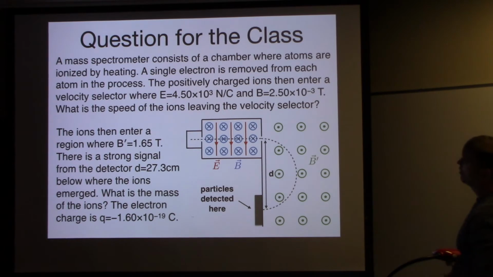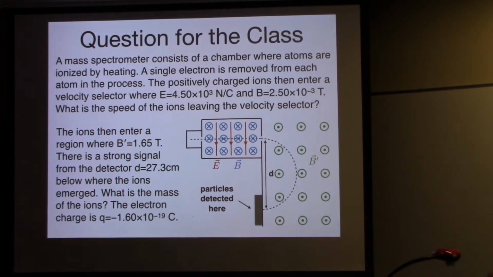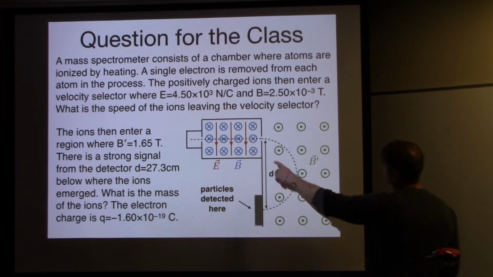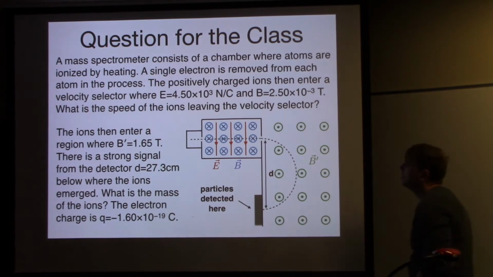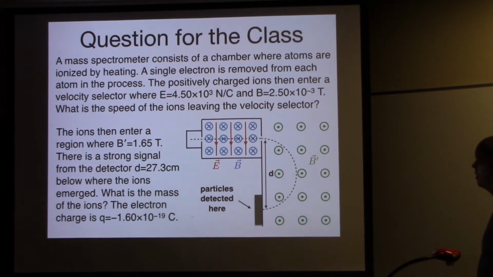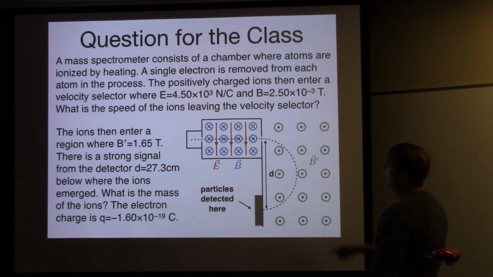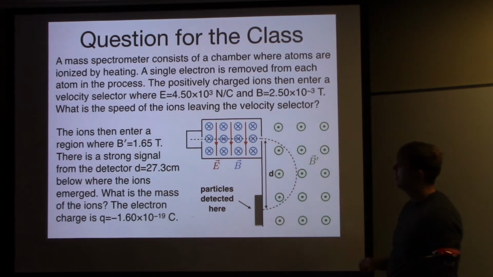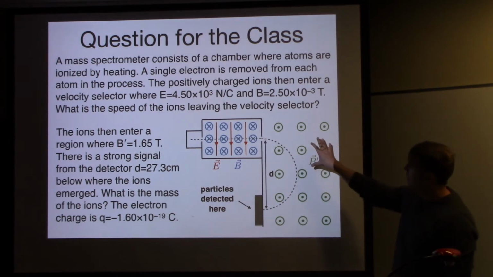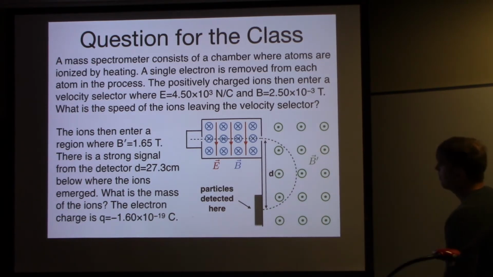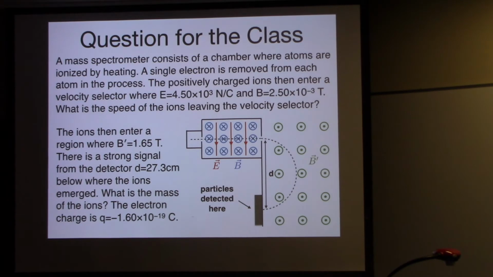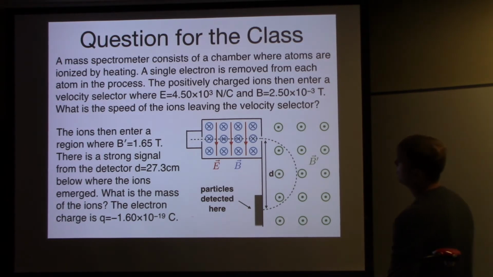Before we do the next part, let's just say, what is the speed of the ions that are leaving this velocity selector? Okay. Then let's look at the next part. After the ions leave the velocity selector here, they enter this region where there's a magnetic field, which we're going to call B prime, which is 1.65 Tesla, much stronger than before.